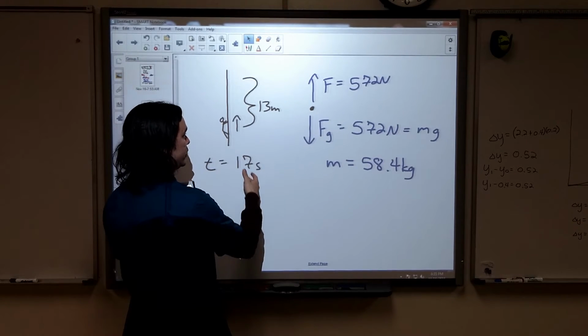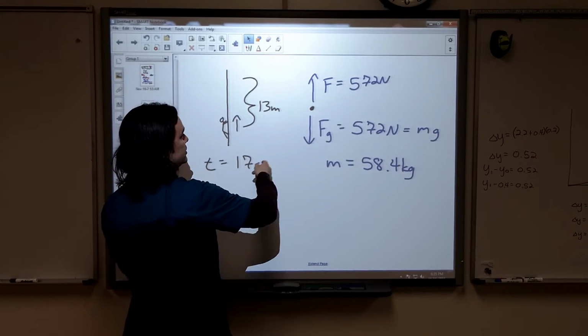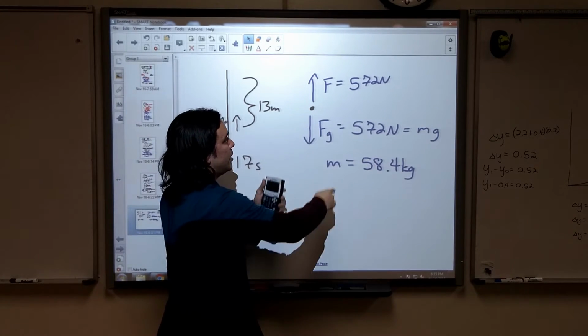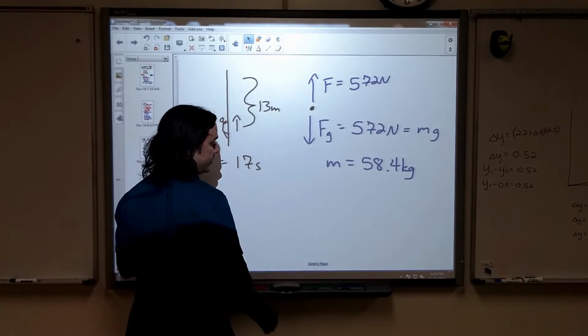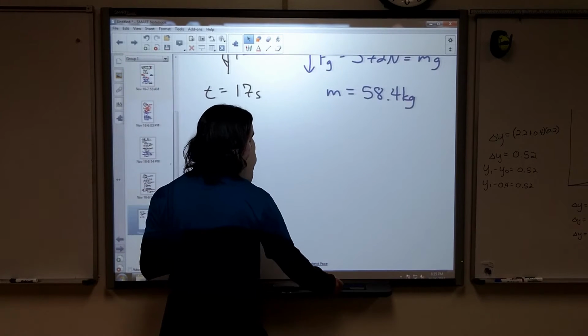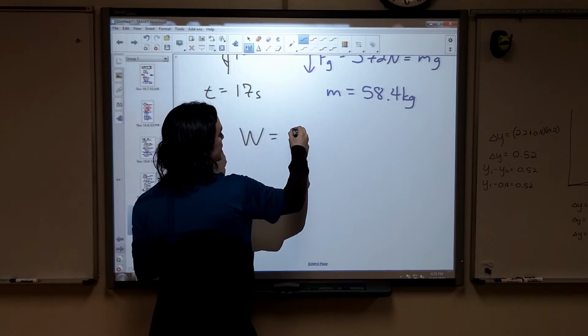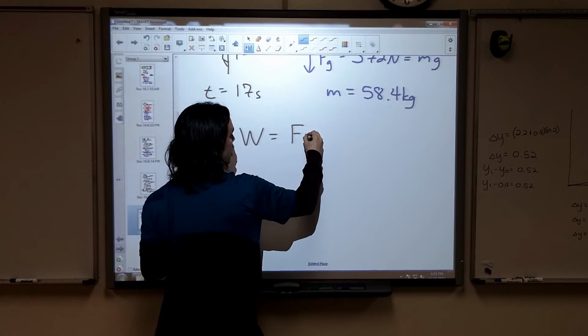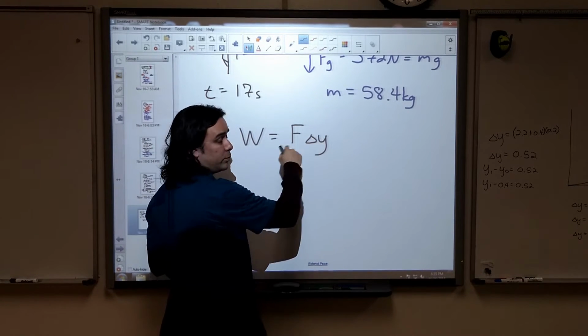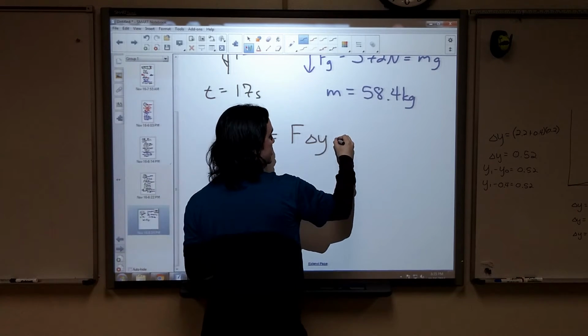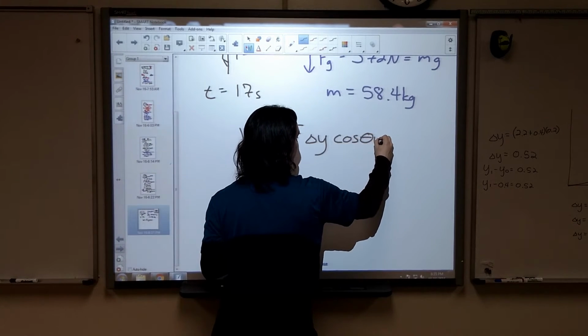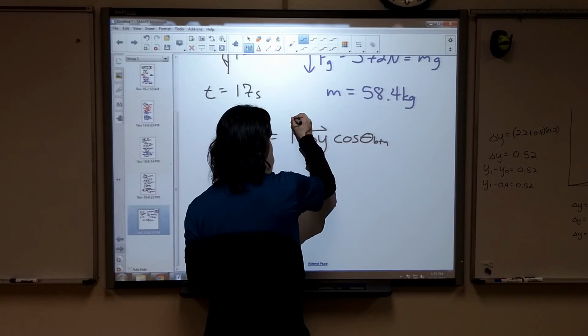First and foremost, we could say that the person is going up at a constant speed, so they're supplying the force upward, positive 572. So the first way that we do this is we say the work done by the student is they apply a force over a displacement, this time it'll be delta y because we're going up, times cosine of the angle between them.